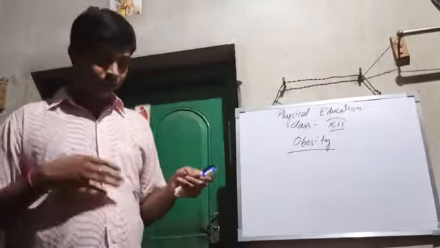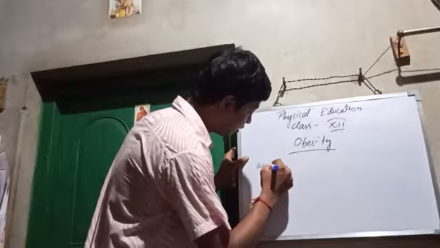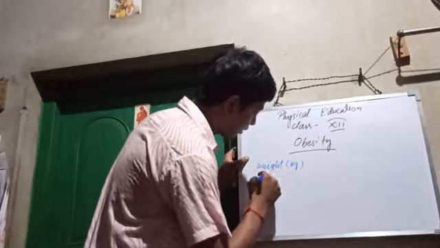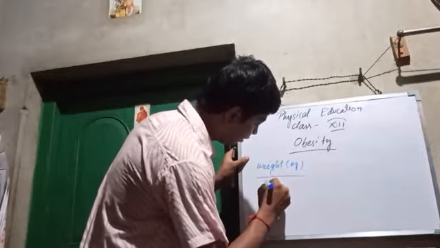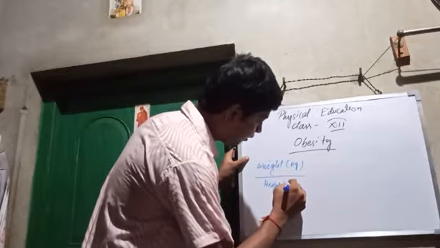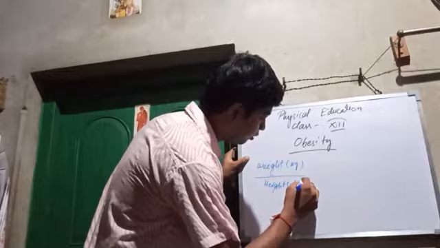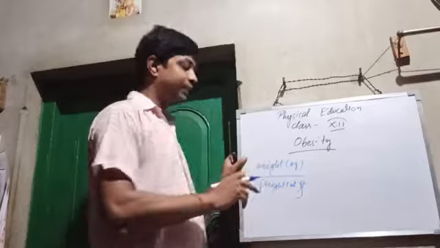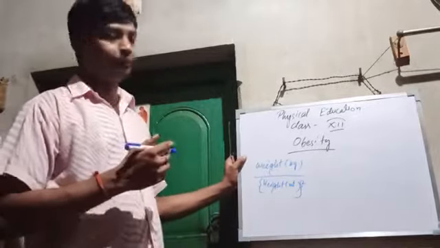Actually, how can we identify a person as obese? According to the BMI formula, that means weight in kg divided by height in meter square.